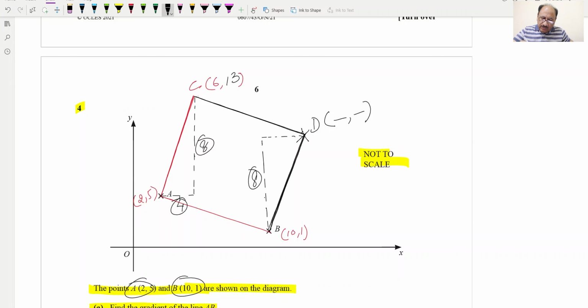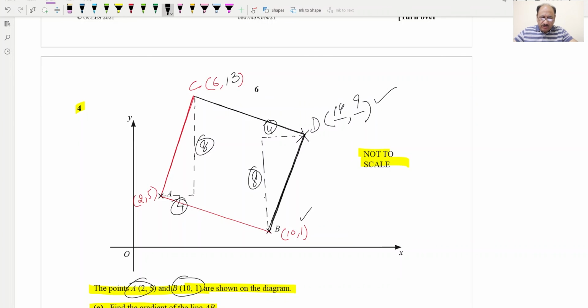This will be 8 and this will be 4. So if we add to the x value, 10 plus 4, this will be 14, and 1 plus 8 will be 9. So we will get 14 and 9.